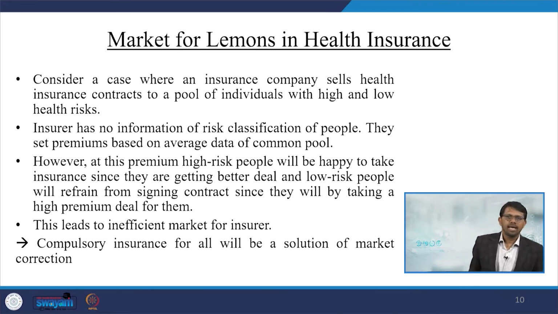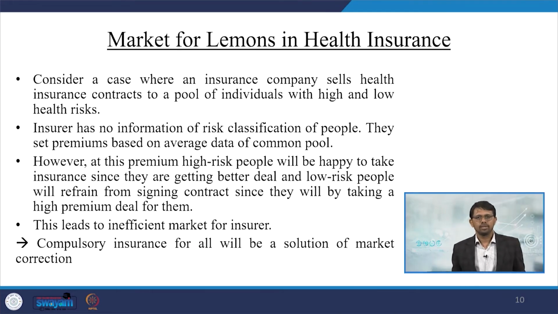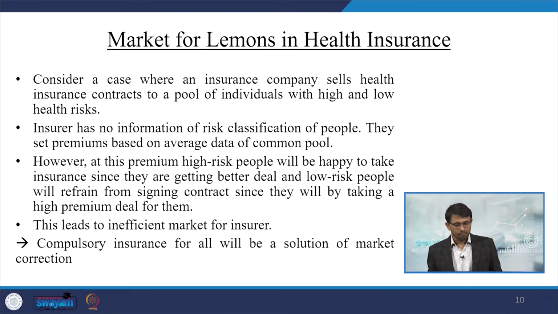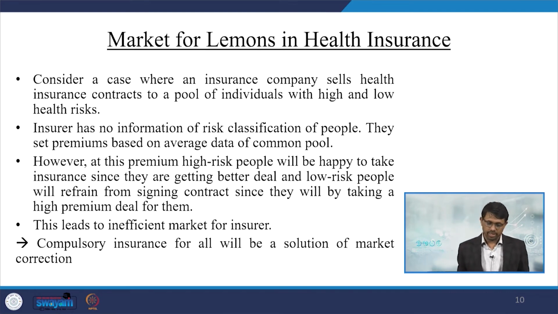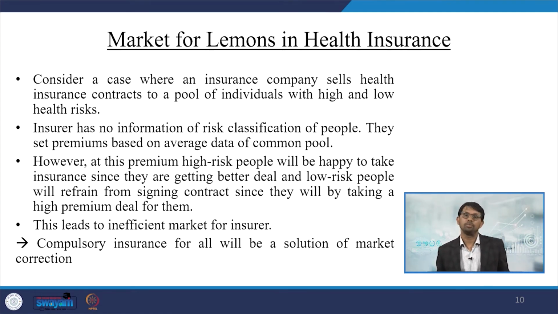Market for lemons in the health insurance market in particular, where similarly the insurance contracts are offered to a pool of individuals with high or low health risk. Insurance companies used to sell their product with certain expected levels. The insurer has no information or risk classification of the people.